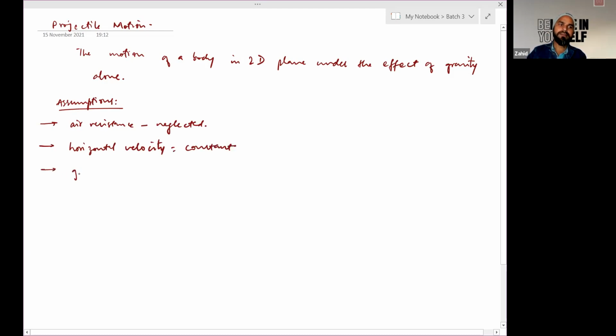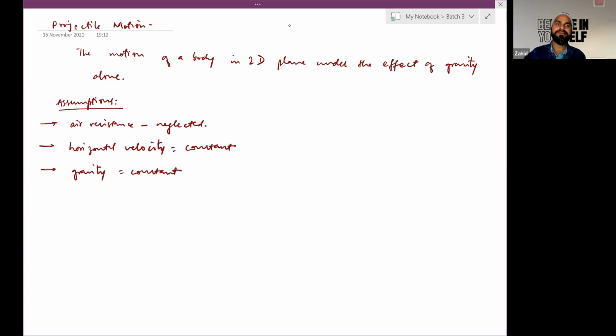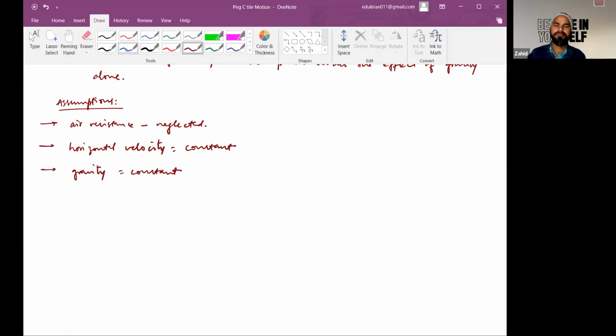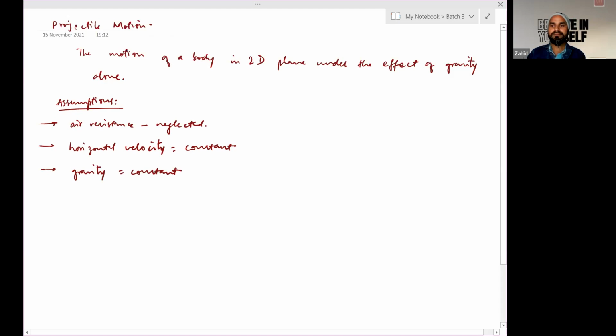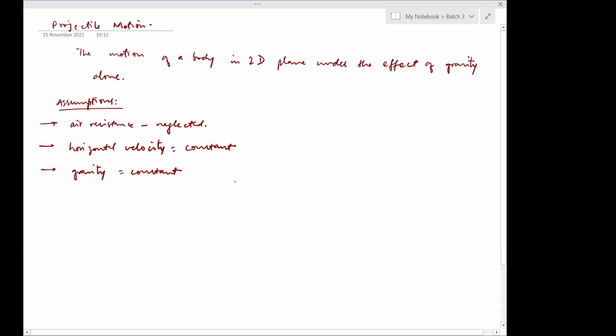And next is gravity to be constant. Is it clear? Mazia, any doubt? No, sir.